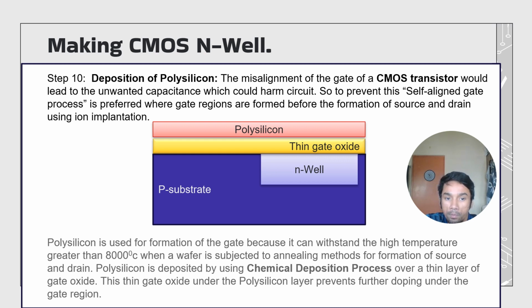Polysilicon is deposited by using a chemical vapor deposition process over a thin layer of gate oxide. This thin gate oxide under the polysilicon layer prevents further doping under the gate region.